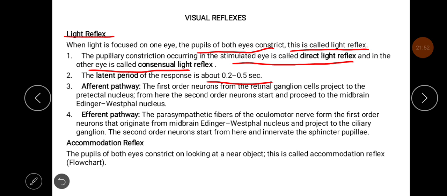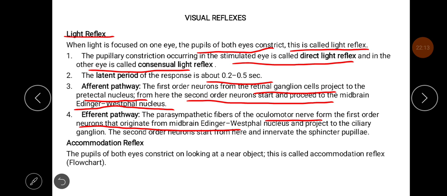Afferent pathway: the first order neurons from the retinal ganglion cells project to the pretectal nucleus. From here, the second order neurons start and proceed to the midbrain, that is the Edinger-Westphal nucleus. Efferent pathway: the parasympathetic fibers of the oculomotor nerve form the first order neurons, which originate from the midbrain Edinger-Westphal nucleus and project to the ciliary ganglion.